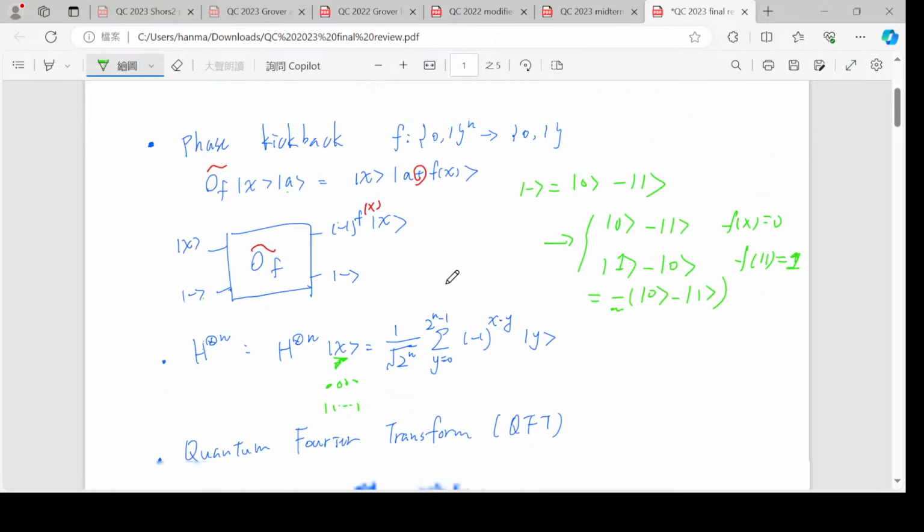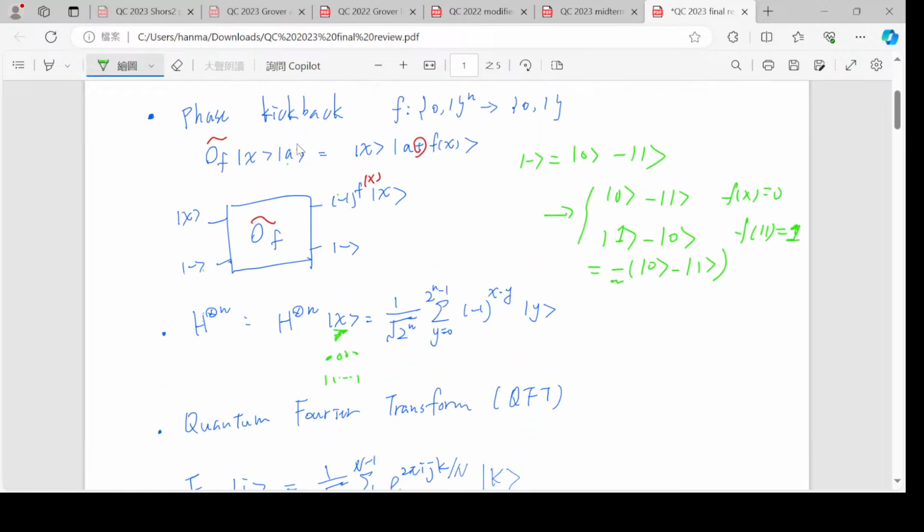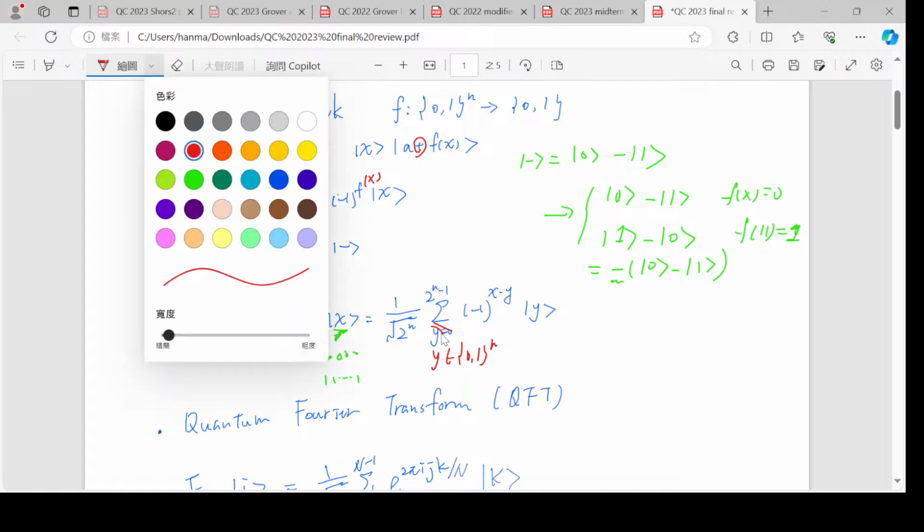Here we are using some mapping between n-bit strings and numbers. So y is also an n-bit string, and x is an n-bit string. You sum over all possible y and normalize, but the interesting part is that now you get this phase.